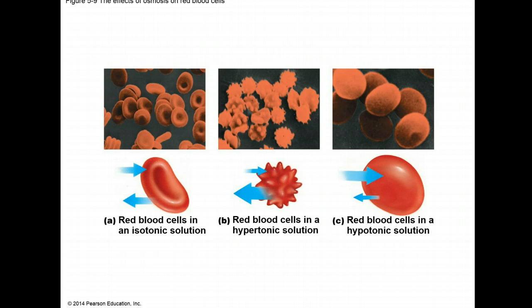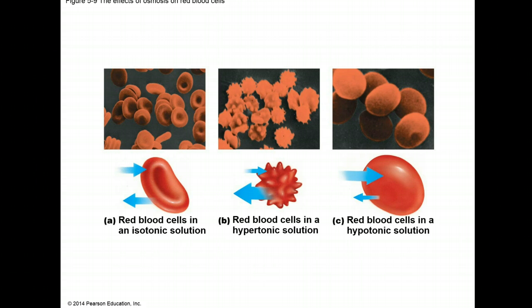When red blood cells are put in a hypertonic solution, or one that is more concentrated, say for example a hypertonic solution of 1% or 10%, the cells will shrivel.